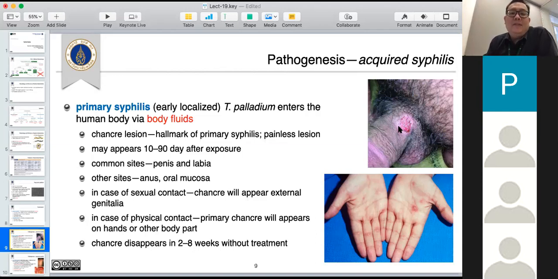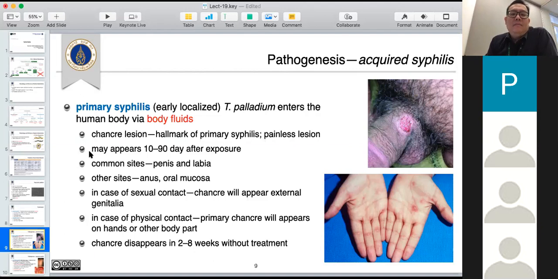They are painless lesions. This is the hallmark of primary syphilis, the chancre lesion. In Thai we call it แผลริมแข็ง, but chancroid is แผลริมอ่อน.